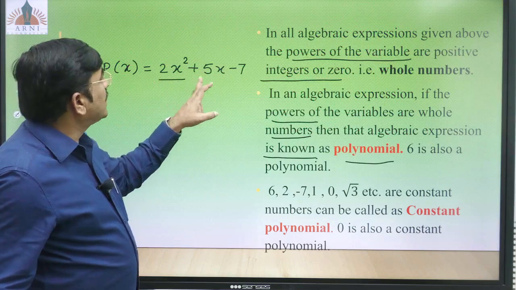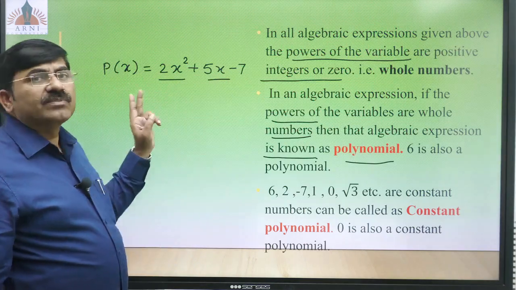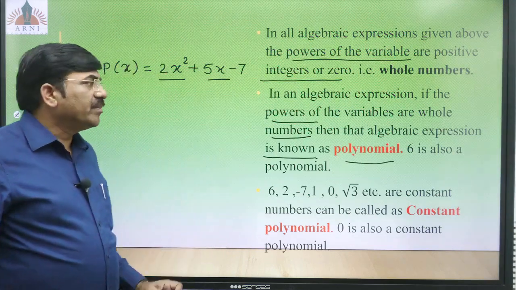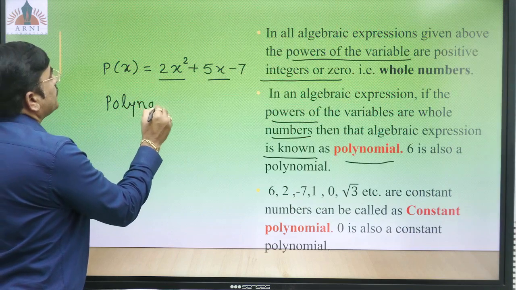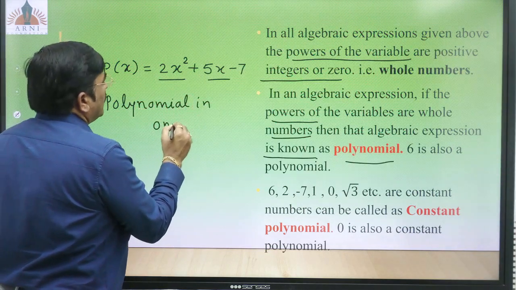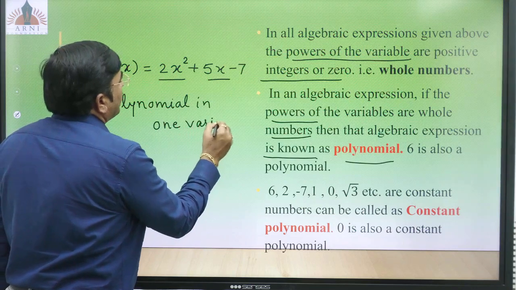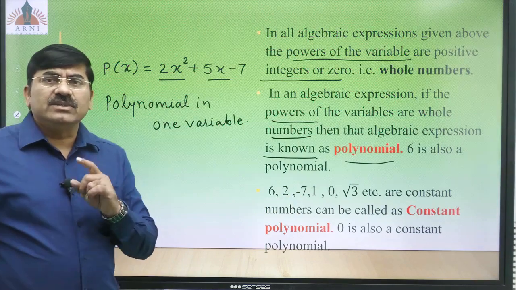All the terms are written in one variable, so this is called a polynomial in one variable, because only one variable is used.